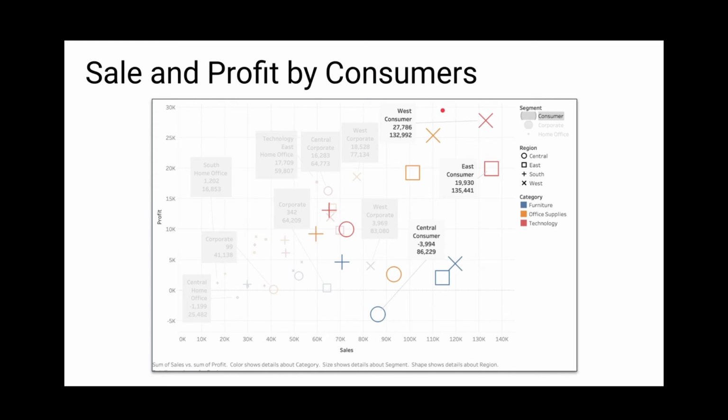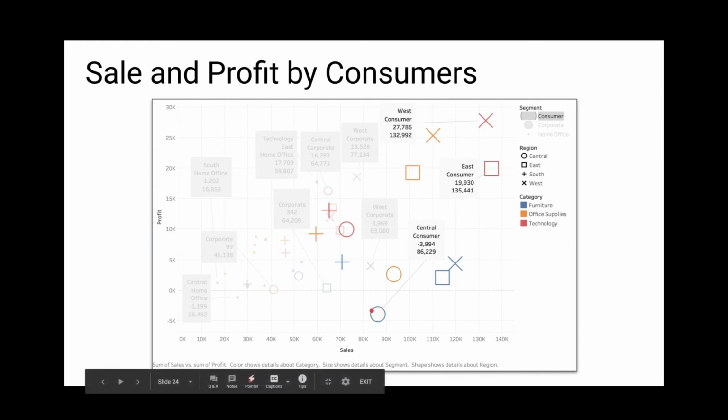So we can see that in the West and East region, technology again is number one in creating the most sales and profit by consumers. So it means the company is doing very well in the technology department and selling most of the technology products to the consumers.